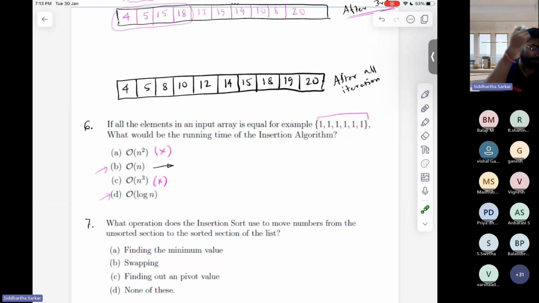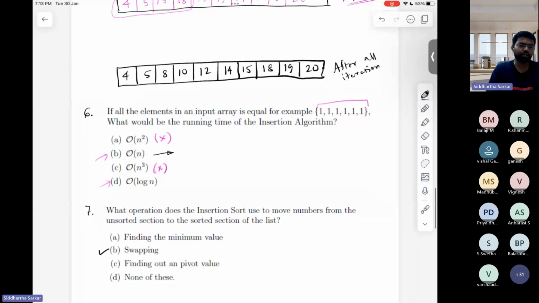That is correct. This is what we have seen in the previous two questions. The only operation we are doing to make a decision about an element, to move it from the unsorted section to the sorted section, is swapping. So this is the answer. It's a direct answer. There is nothing to analyze more than this. Then let's move to the next one.